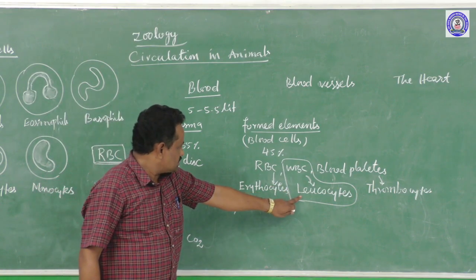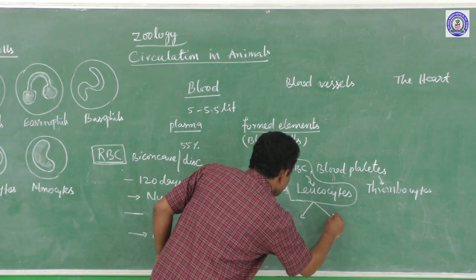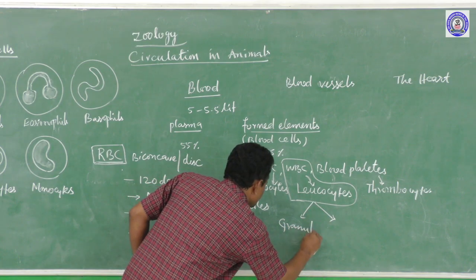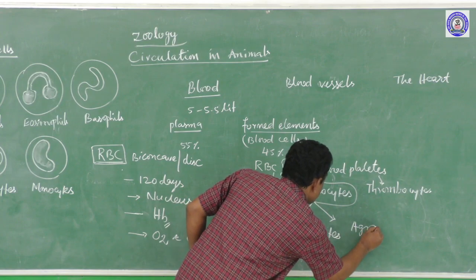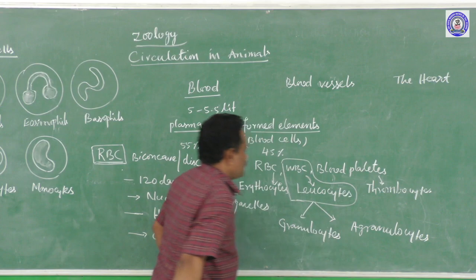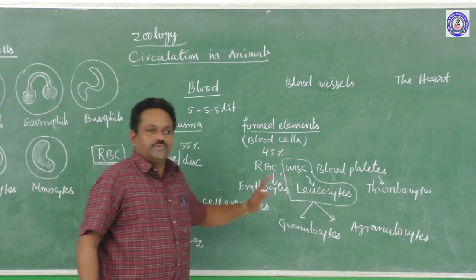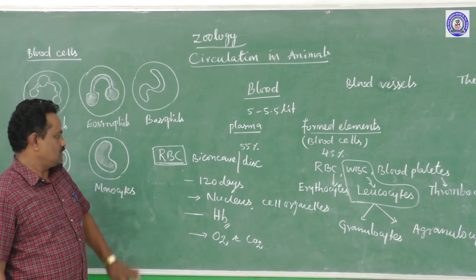The leukocytes are classified broadly into two types: one is called granulocytes, another one is called agranulocytes, depending upon the granules present in the cytoplasm of the cell.